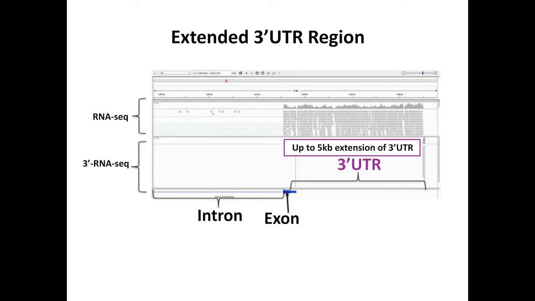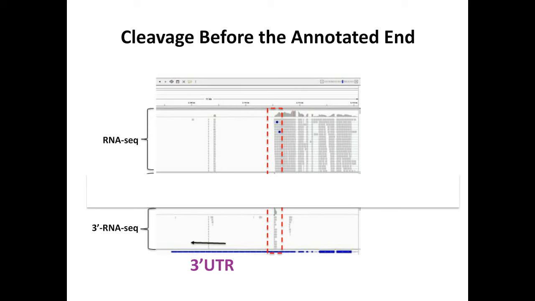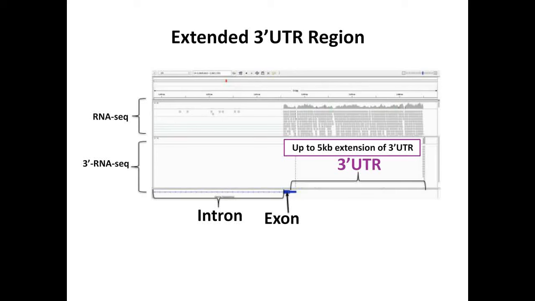So this is an opposite example. I forgot to mention in the previous slide, you could also see RNA-seq because we had both 3' RNA-seq and RNA-seq data. The RNA-seq data is consistent, and also shows lots of reads mapping to this area, but there's nothing in the gene model showing whether there's a gene or not.